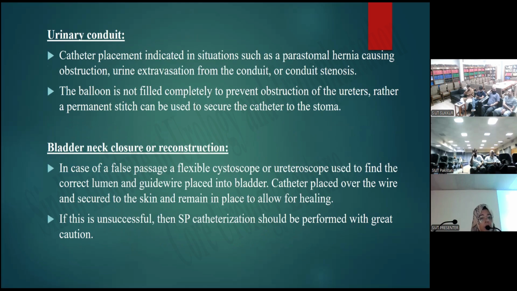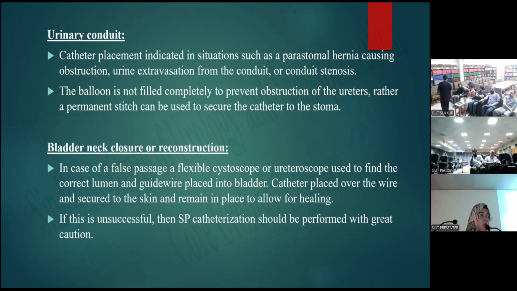In cases of bladder neck closure and reconstruction, it is an absolute contraindication for perurethral catheterization. In cases of bladder neck reconstruction, if the patient requires drainage, you can do suprapubic catheterization.